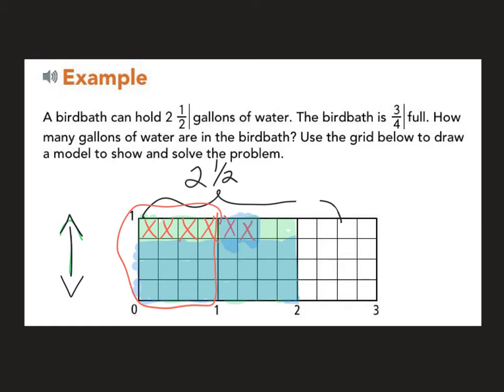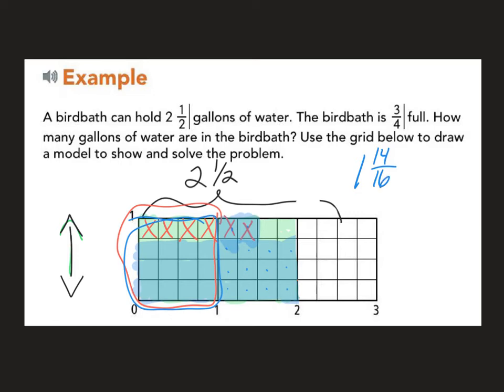Okay, we count those. All right, so we've got one whole, because this is all filled in, and so that means we have a fraction. 1, 2, 3, 4, 5, 6, 7, 8, 9, 10, 11, 12, 13, 14 out of 16. And 14 out of the 16 are highlighted with blue.